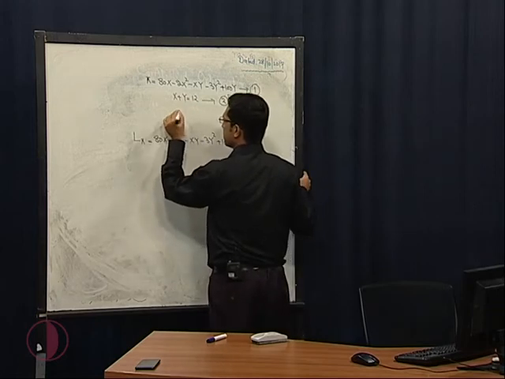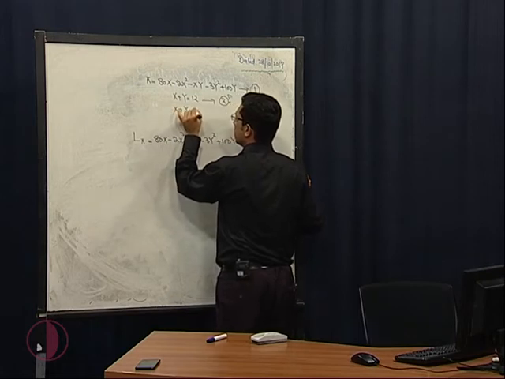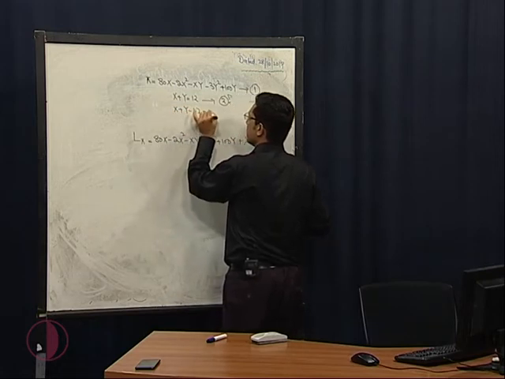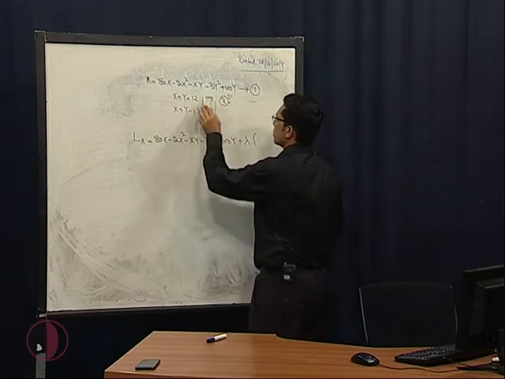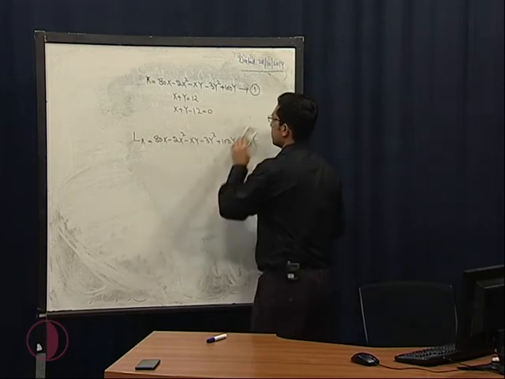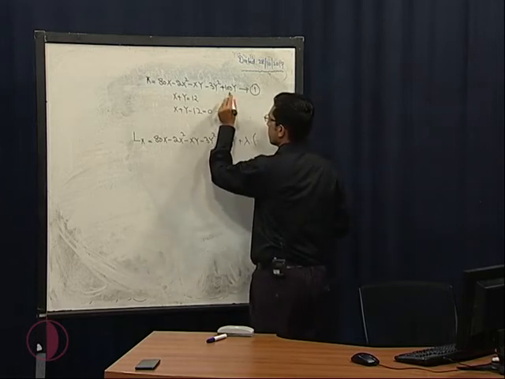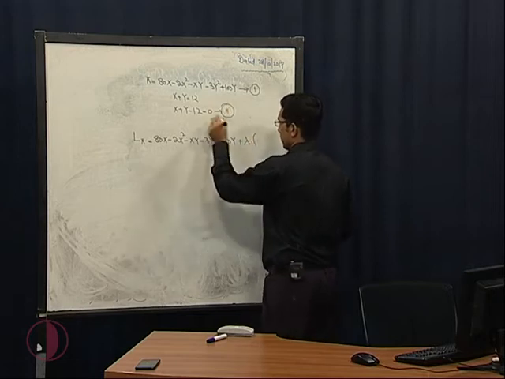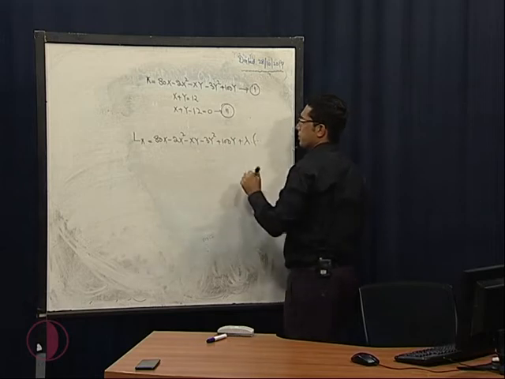Let me write it simply: x plus y minus 12 is equal to 0. This will be my second equation. Suppose this is the original objective function, and this is the constraint function, x plus y minus 12 is equal to 0.